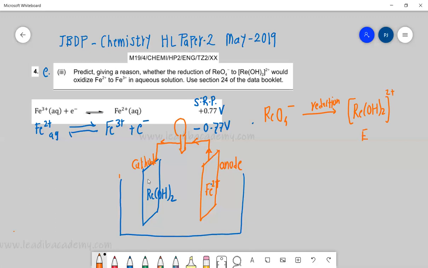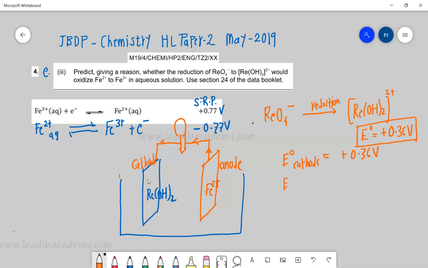The E naught is indicated as plus 0.36 volts. So this is reduction, which means this is the cathode. Very simple. So we will say this is E naught cathode, which is equal to plus 0.36 volt.